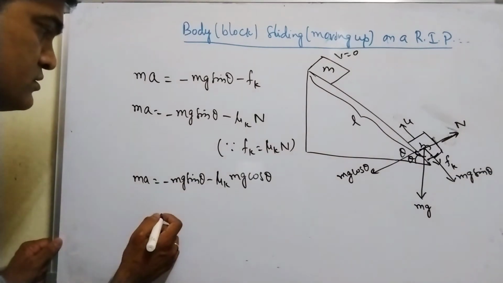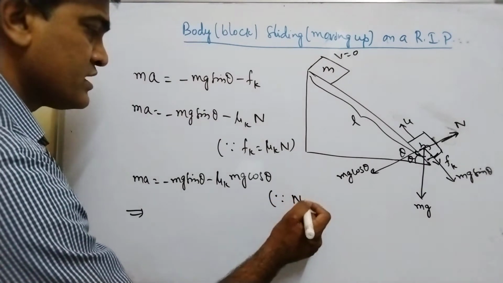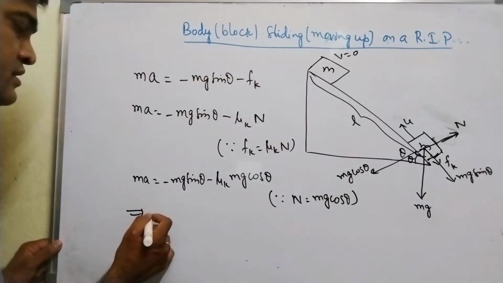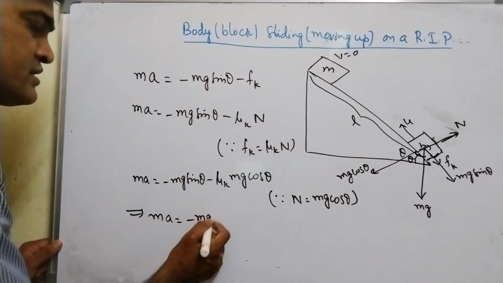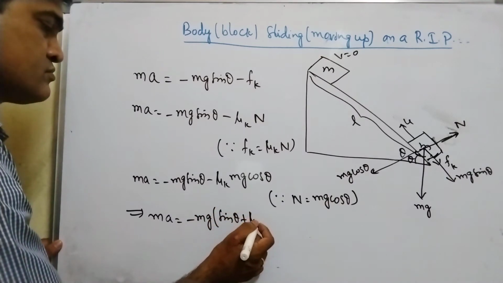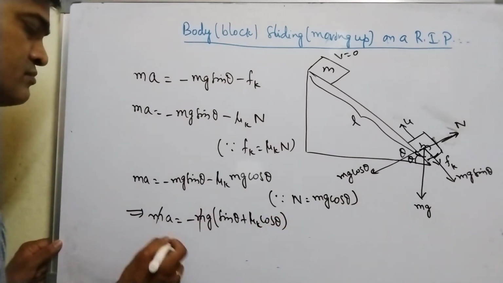Since normal force is balanced by mg cos theta, I can write MA is equal to, taking a minus mg as common, sin theta plus mu k cos theta. So that m gets cancelled.